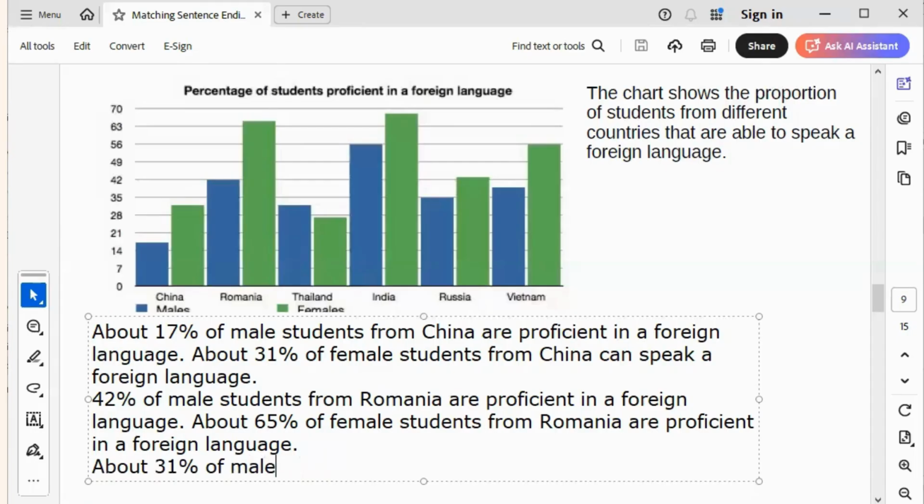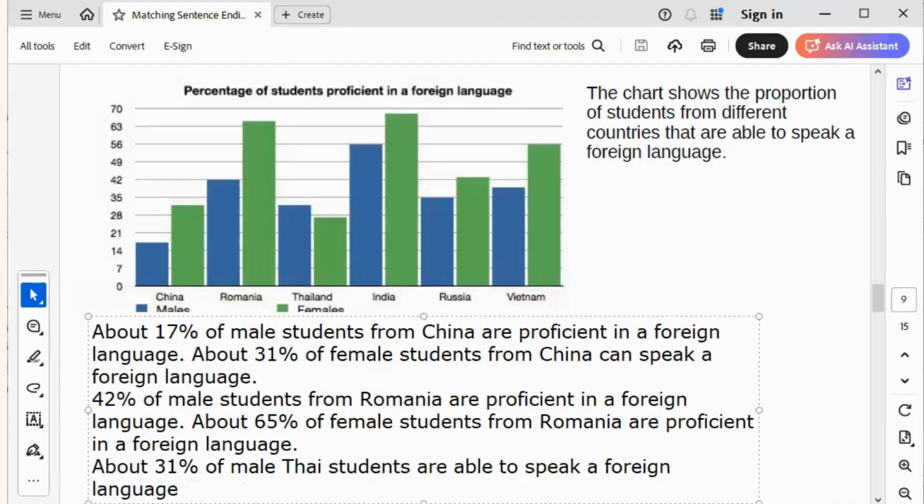About 31% of male Thai students are able to speak a foreign language, while 27% of female Thai students are able to do the same.